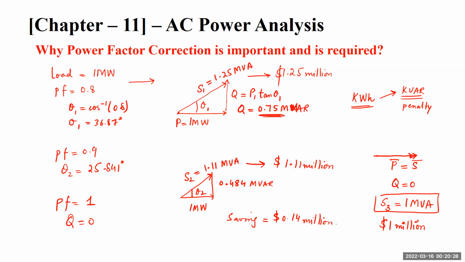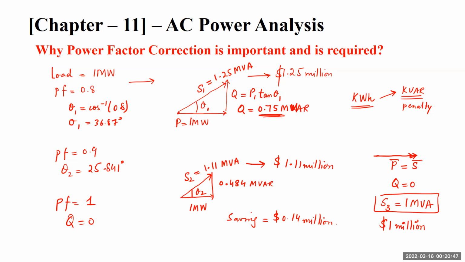So we have to compensate them when we operate them. We can operate them at say 0.6 or 0.87 or 0.8 power factors, but that will severely increase the size of generators which we need to utilize in order to run those devices.